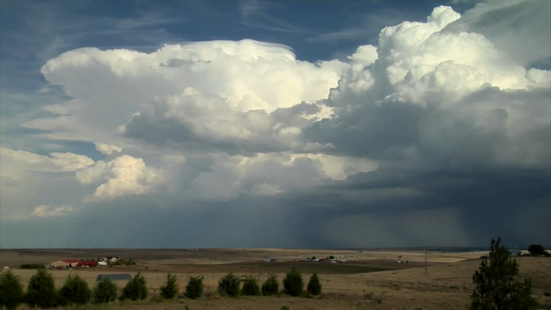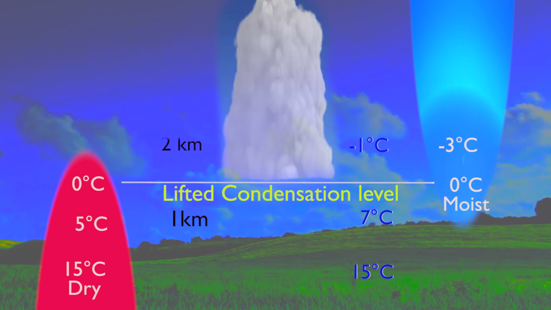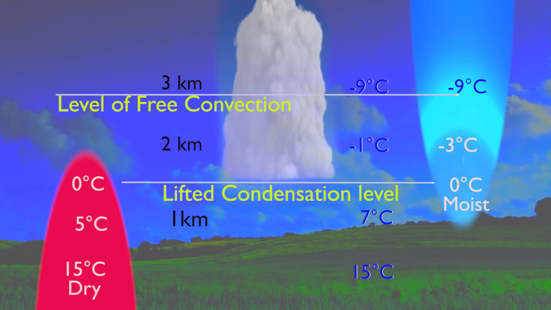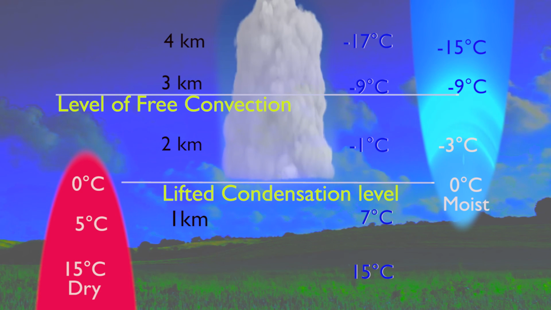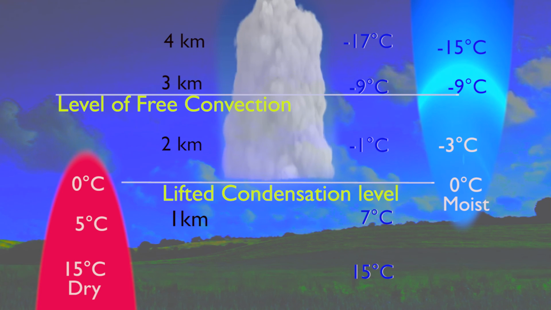From this point upward, the rising parcel will cool at the moist adiabatic rate. Initially, the rising parcel is colder and denser than the surrounding air. If you lift above 3 kilometers, the parcel finds itself warmer and less dense than the air outside. If lifted just a little bit beyond the 3 kilometer altitude, the parcel will be able to continue to rise on its own. 3 kilometers in this case is the level of free convection, or LFC.